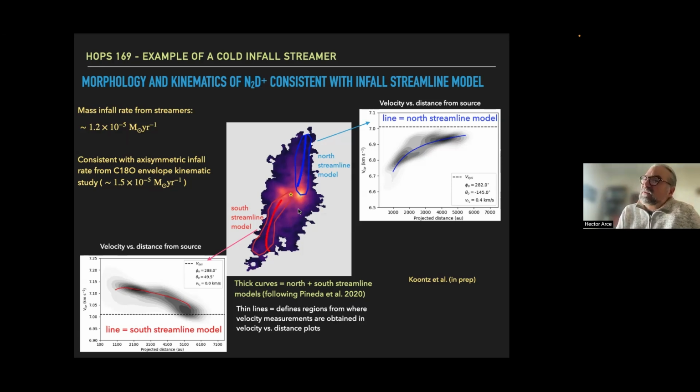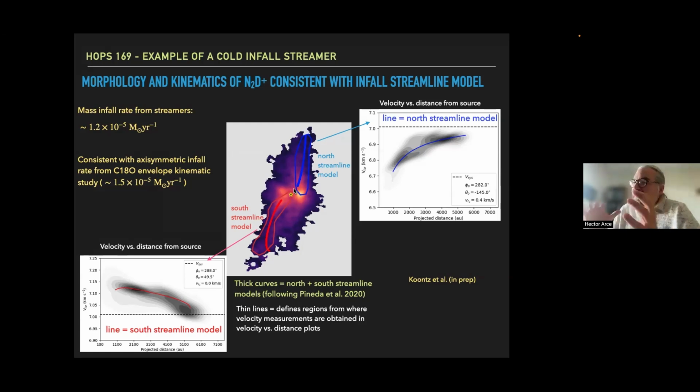There's also an infall mass rate that we can obtain from the C18O envelope, the envelope traced by the C18O, which is around this region, and that kind of infall is axisymmetric.